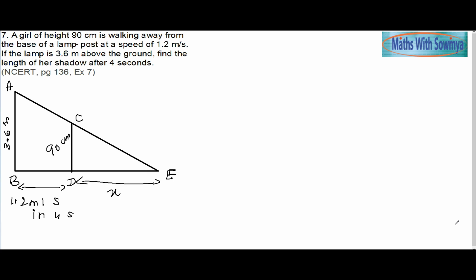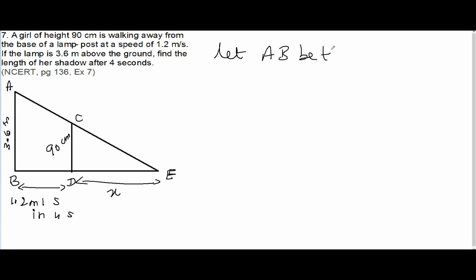We have taken a sum which is dealing with similar triangles. This is NCERT Example 7 I have taken. A girl of height 90 cm is walking away from the base of the lamp post. So, let AB be the lamp post, and AB is given to be 3.6 meter.